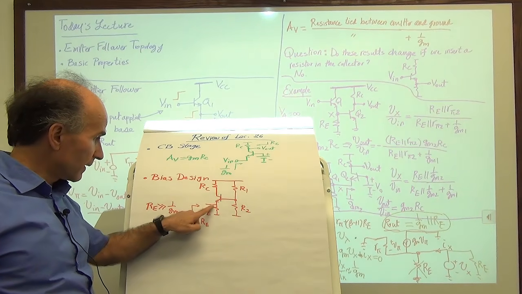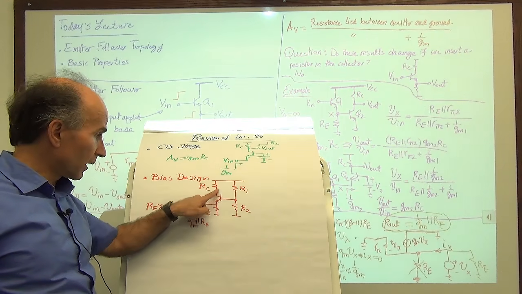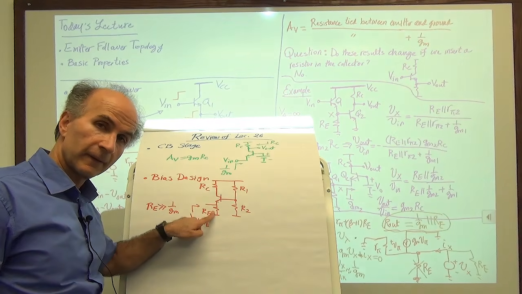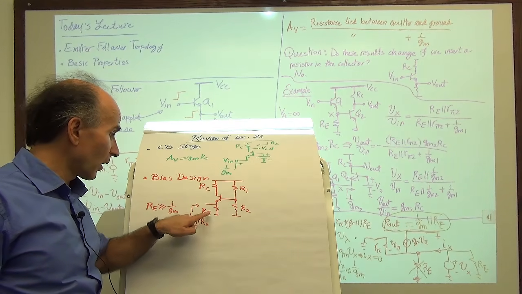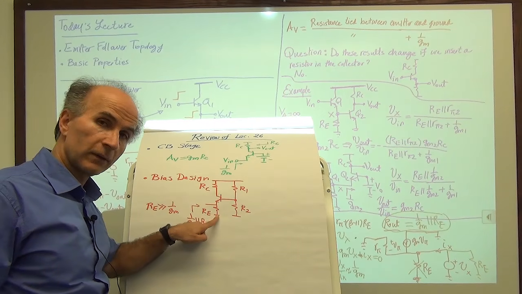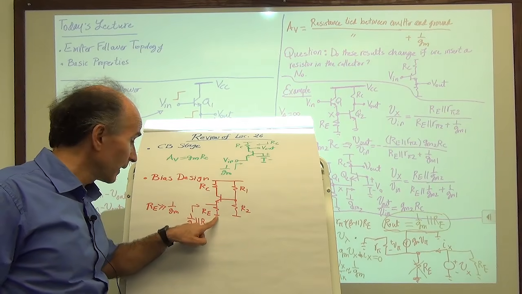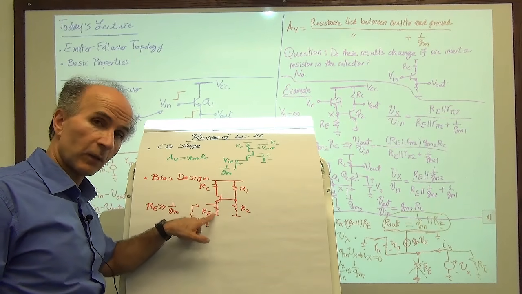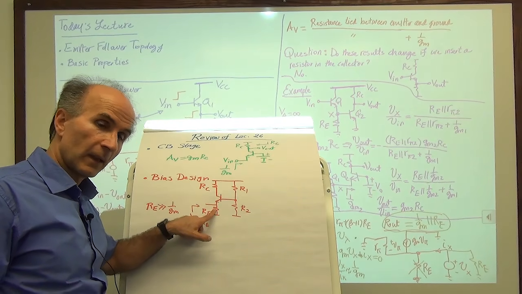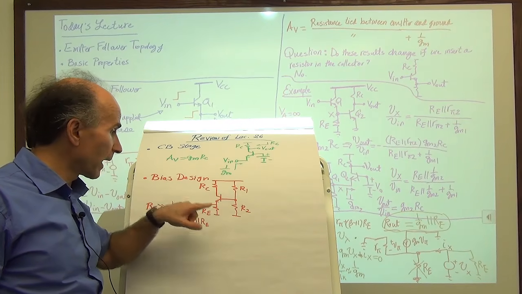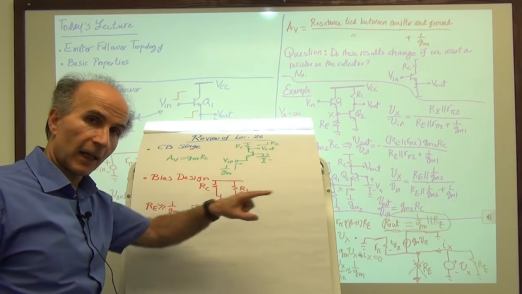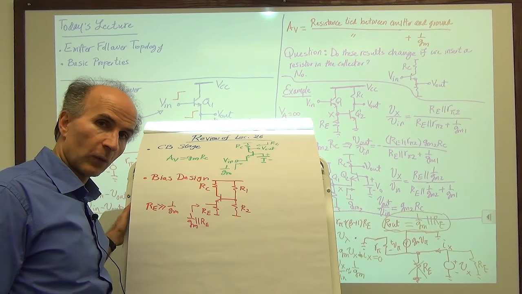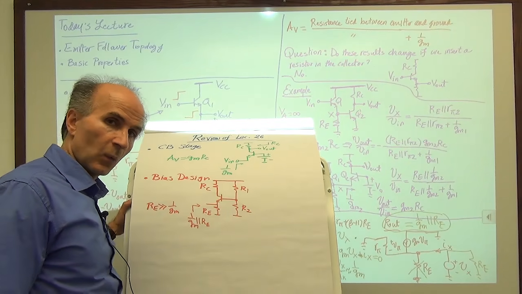This is the impedance seen at the input of a common base stage with Re connected from here to ground for bias calculations, and then 1 over Gm, right? This is what we had here. Now, why should this look the same as the output impedance of the emitter follower?